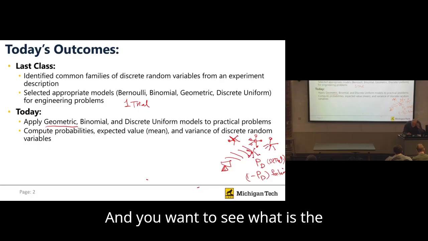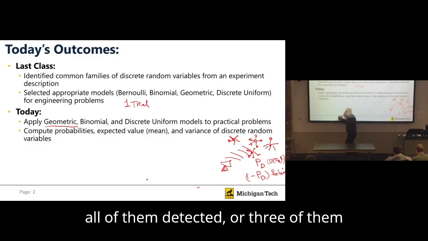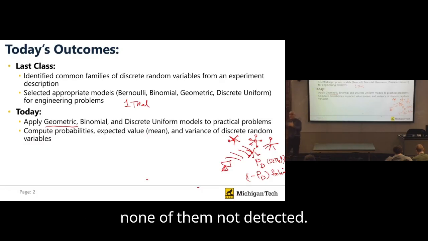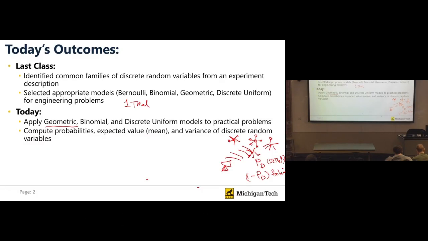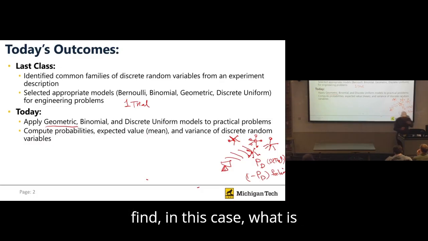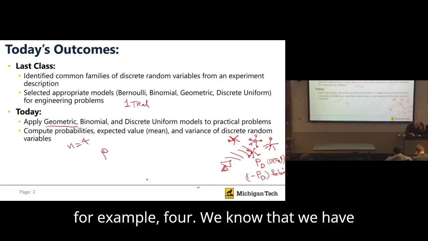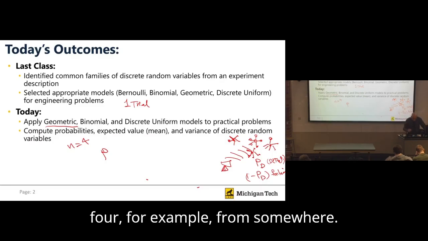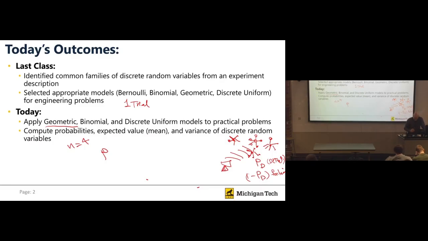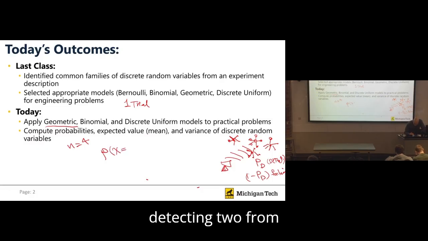And you want to see what is the probability of getting all of them detected, or 3 of them detected, or 1 of them detected, or none of them detected. That's another question. So in this case, we have, for example, 4. We know that we have 4 from somewhere. But we want to see what is the probability of detecting 2 from 4.